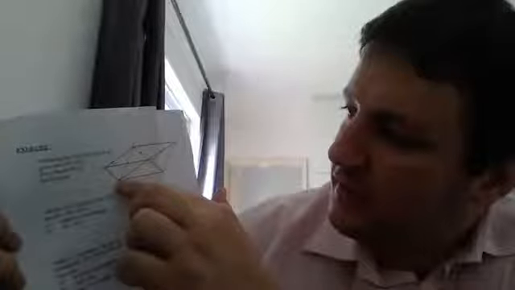So what are they telling you? They're telling you that ABCD is a parallelogram, and also ABDE.